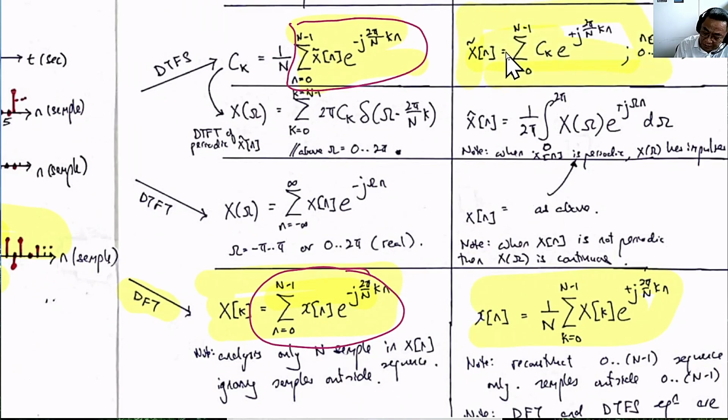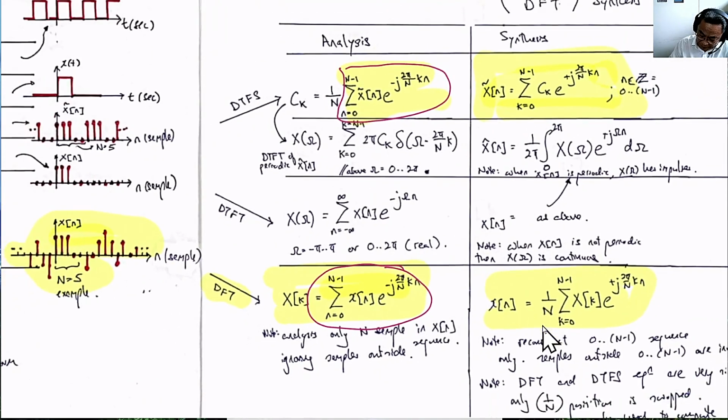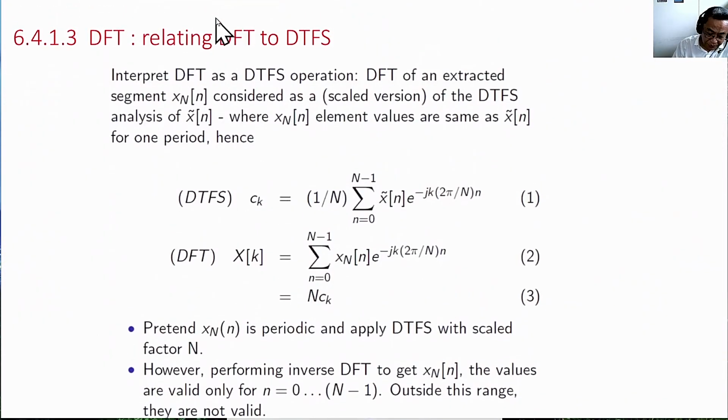And there must be some symmetry. So you realize that the 1 over N happens here, and there's no 1 over N here. So this confuses a lot of students. You have to memorize all these equations by heart and understand that in this case, the DFT representation is identical to the DTFS representation, except for the change of scaling. One is the analysis and the other one is the synthesis. But other than that, they are actually totally the same. So let me repeat that. DFT and DTFS are almost the same operation to convert a sequence of signal into its frequency representation.